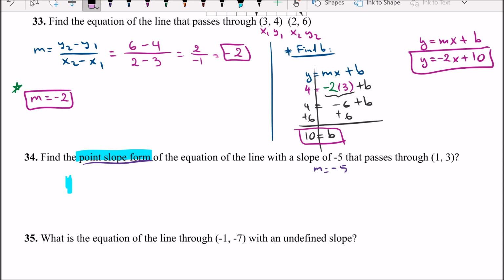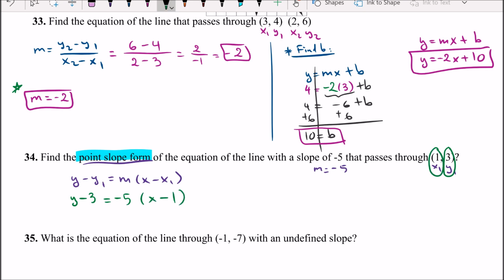It is y minus y1 equals m times x minus x1. So we have m is negative 5 and x1, y1 is (1, 3). That gives us y minus 3 equals negative 5 times x minus 1.